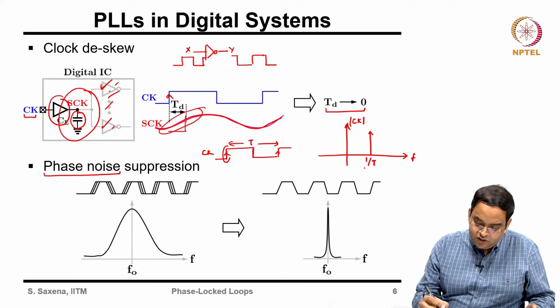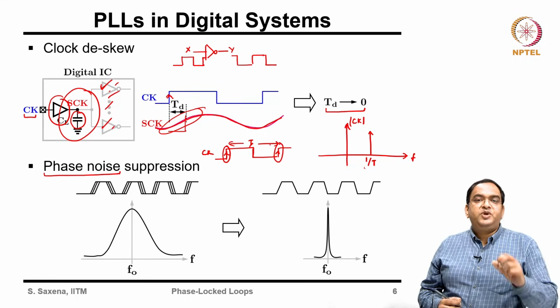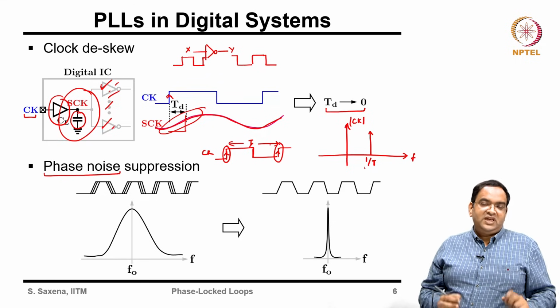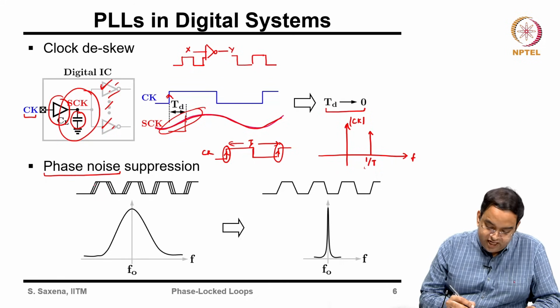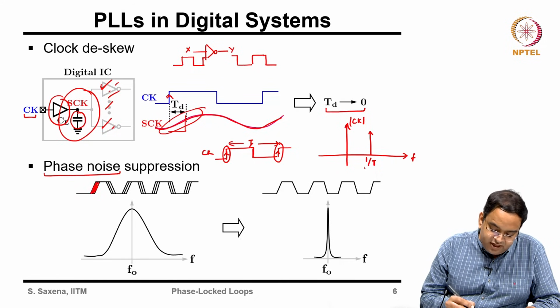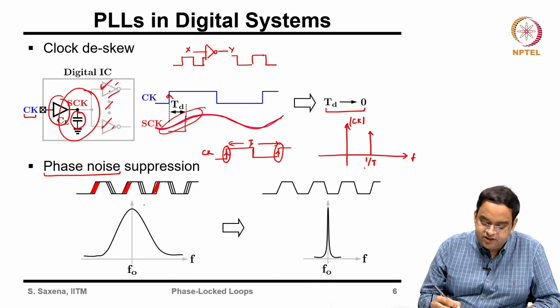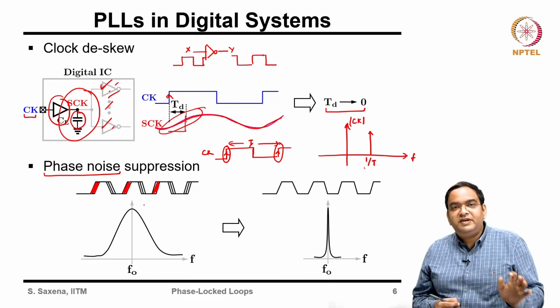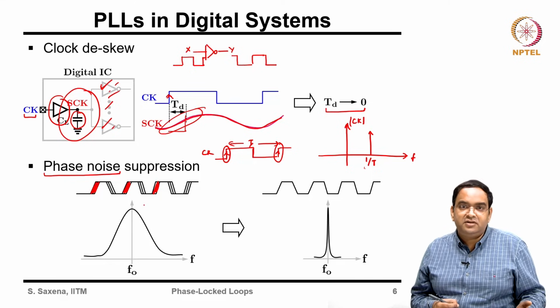each edge of the clock signal does not come at the same absolute time. That is what I have shown you here with the variation in every rising or falling edge of the clock. The variation is not fixed, it is random in nature.